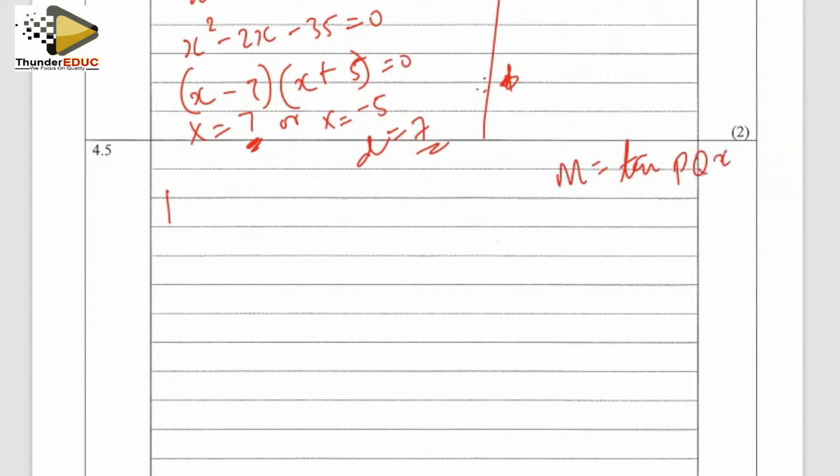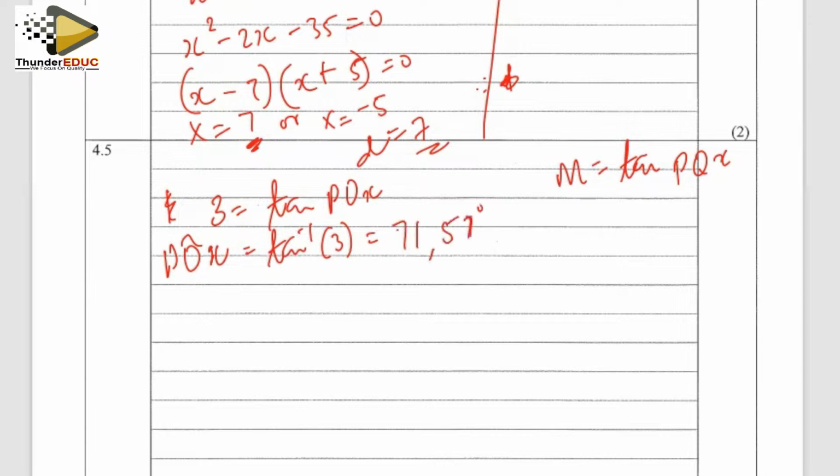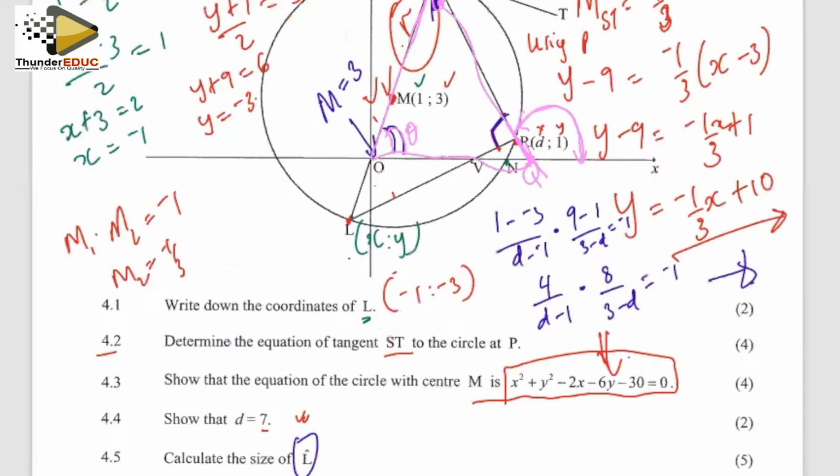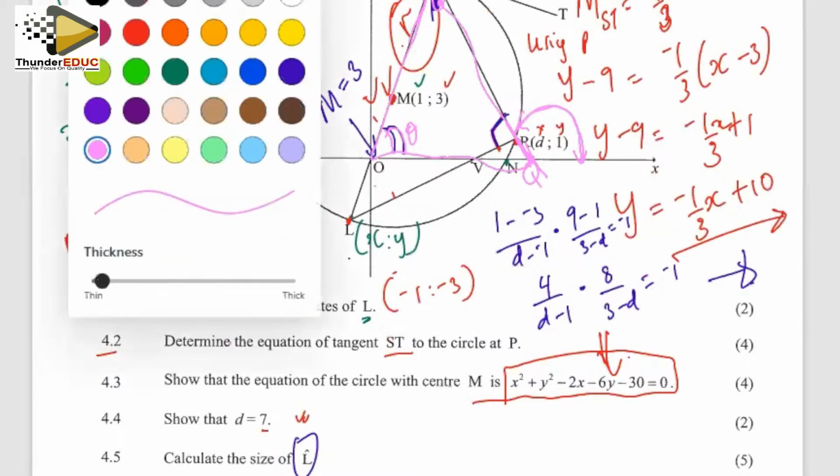But our M is 3, which means 3 is equal to the tan of POX. Then for us to get the POX is going to be the arctan of 3. So arctan of 3 is giving me 71.57 degrees.